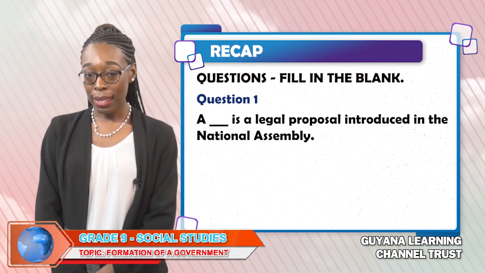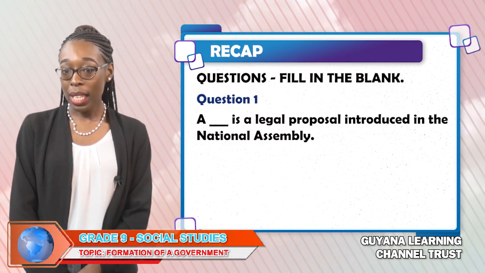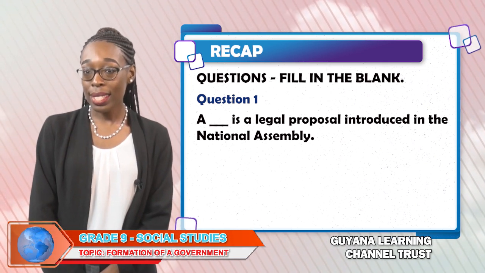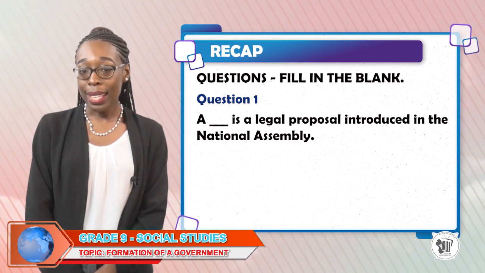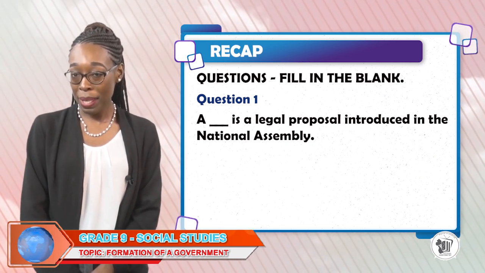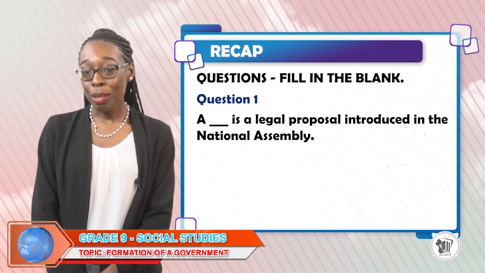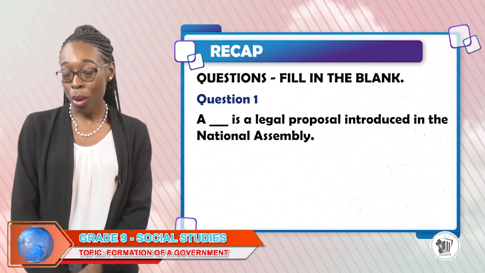The first question: a something is a legal proposal introduced in the National Assembly. We did say that this term is quite familiar because sometimes you might have been issued it while shopping.